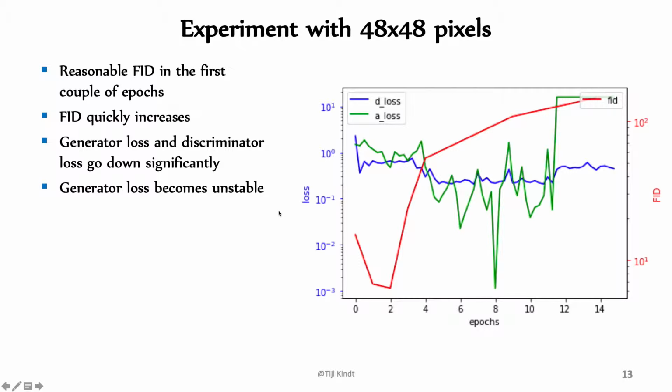You can also see that the FID score jumps up. It's okay at around the second epoch, but then goes up quite quickly to around 100, 200 after around 4 epochs. The losses also go down, and the loss of the generator starts fluctuating wildly.